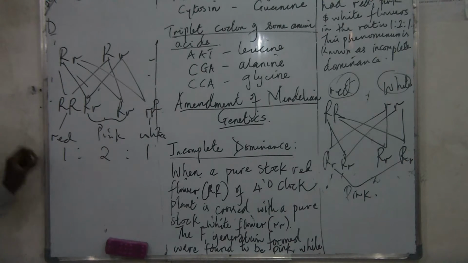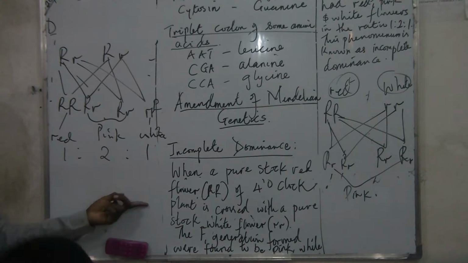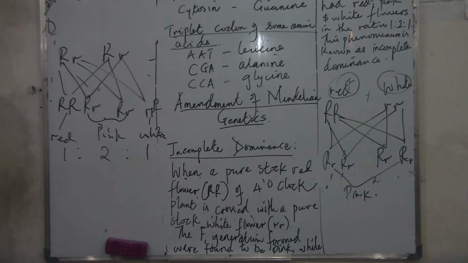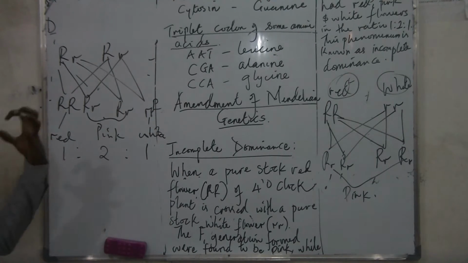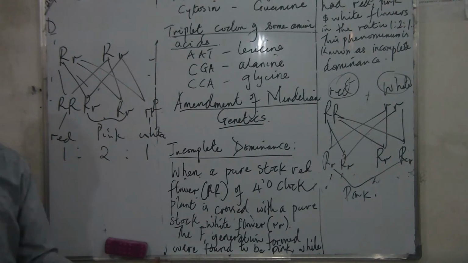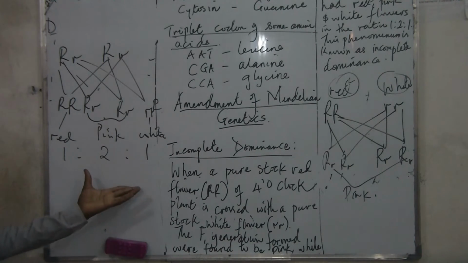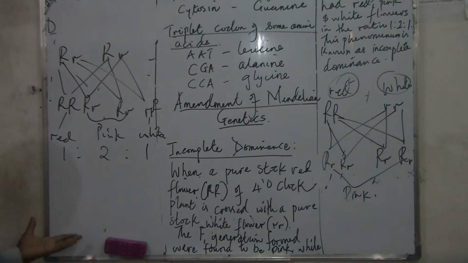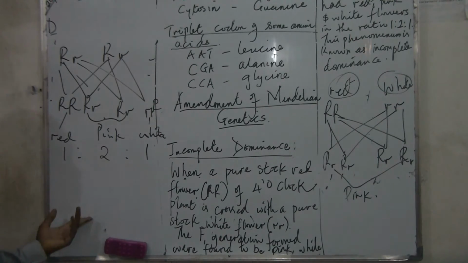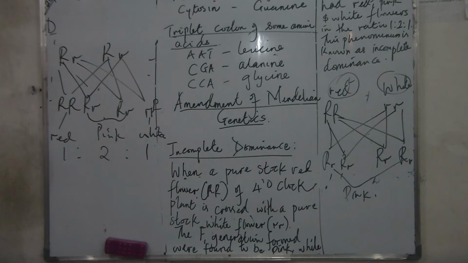This is the observed genotype, and it's no different from the phenotype that will be observed. The phenotype that will be observed will also be what? 1:2:1. Do you understand? Phenotype is what is seen, the physical manifestation, the appearance of that particular gene combination. So the phenotype and the genotype will be what? 1:2:1 for the F2 generation.